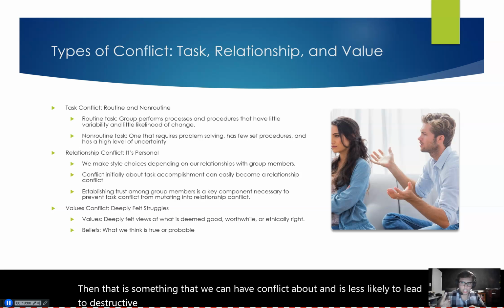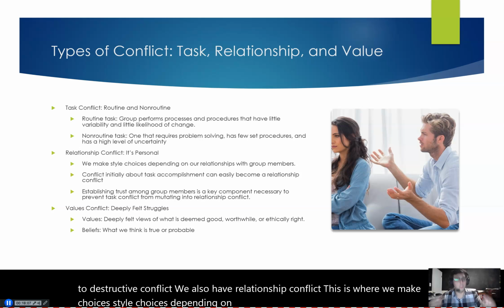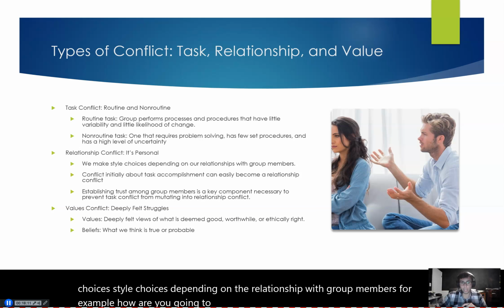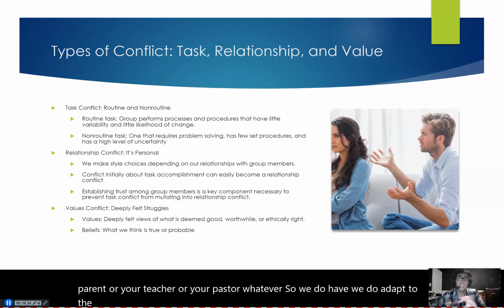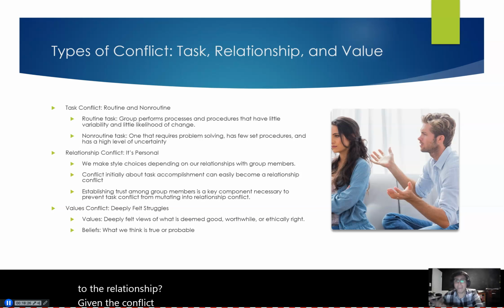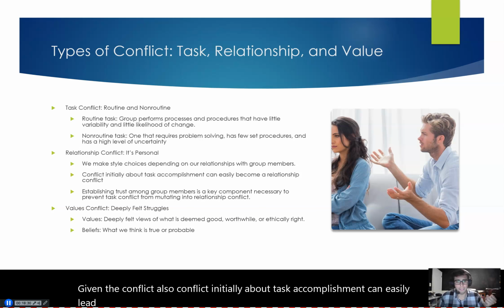We also have relationship conflict. This is where we make style choices depending on the relationship with group members. For example, how are you going to have conflict with your younger sibling, or your parent, or your teacher, or your pastor, whatever? So we do adapt to the relationship given the conflict. Also, conflict initially about task accomplishment can easily lead to a relationship conflict.